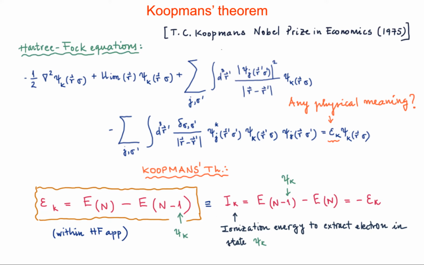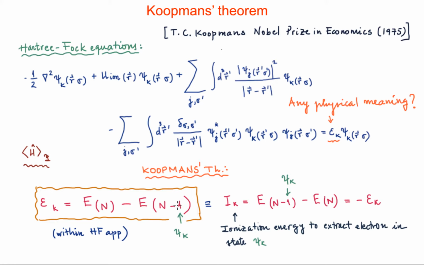So in the following, we are going to prove this Koopmans theorem. For that, we are going to analyze these two terms. We already have an expression for the energy of this n-electron system, which basically is the average of the Hamiltonian when you're using the minimizing wave function, the Slater determinant from the Hartree-Fock equations. Now we want another expression for the n-1 electron system.